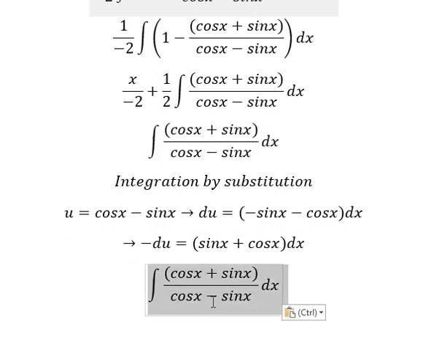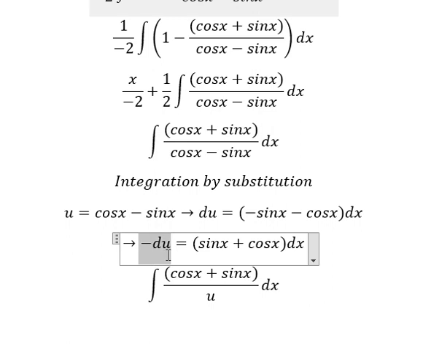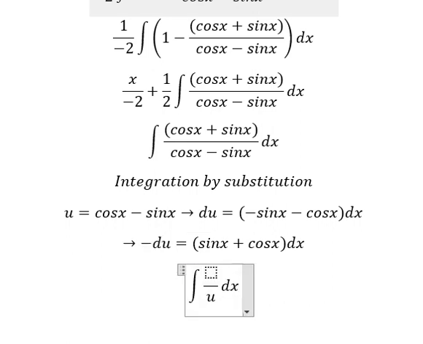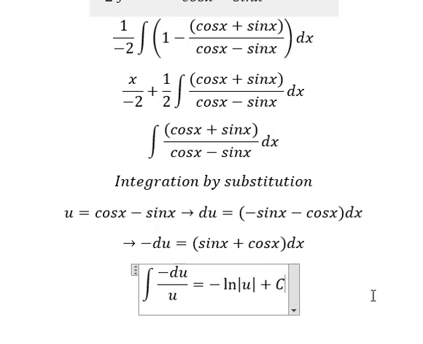So this one we change for u. This one with the s we change for negative du. So the integration of this one, we have negative ln of the absolute value of u, and I will put about c.